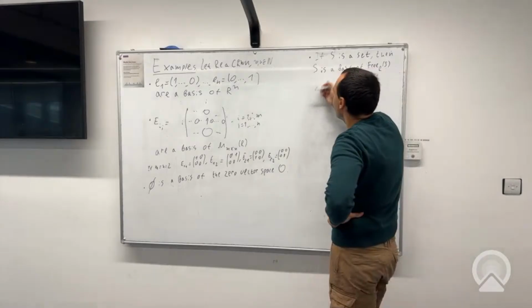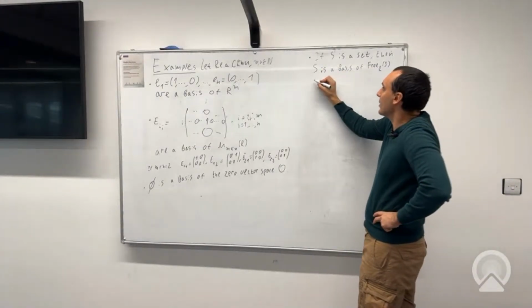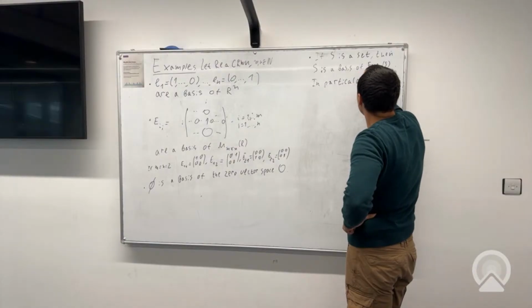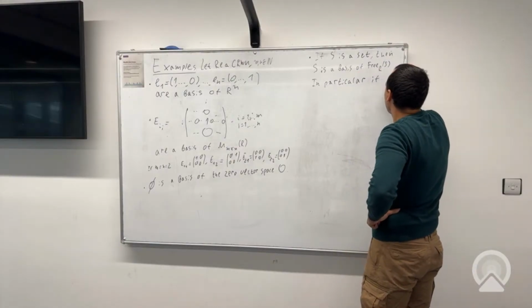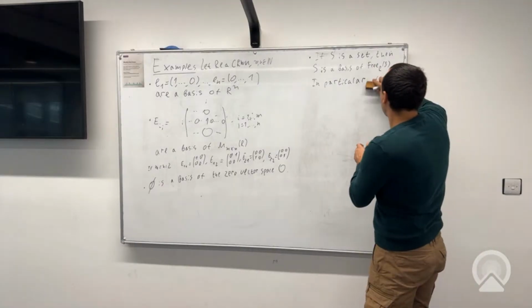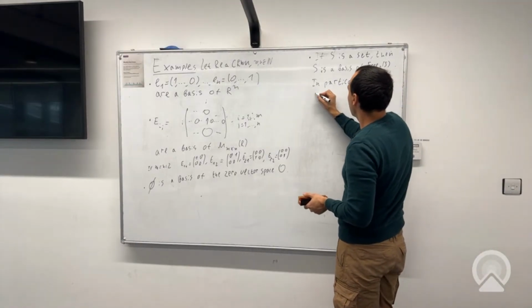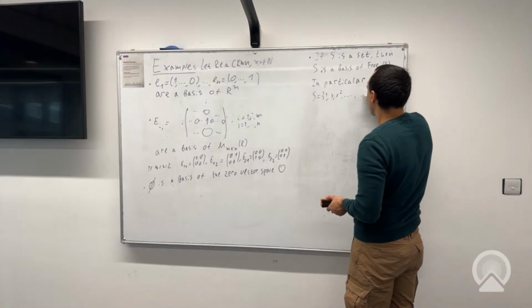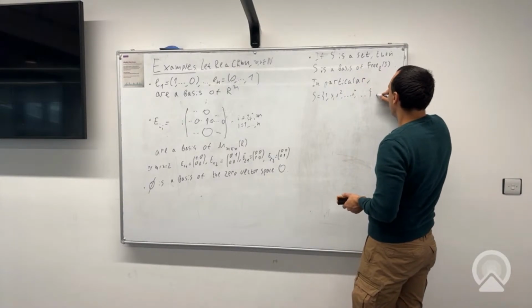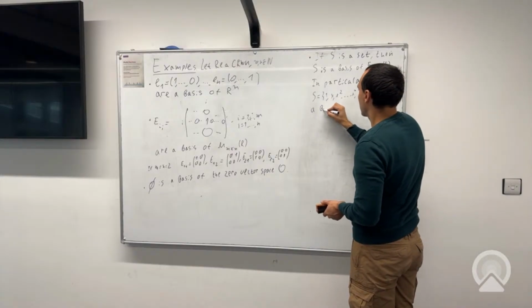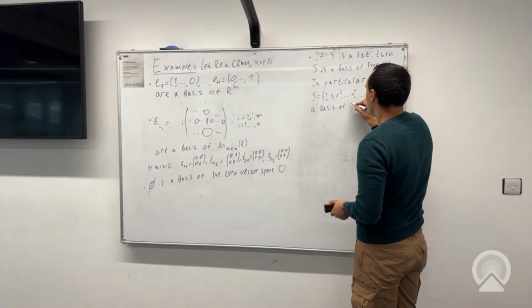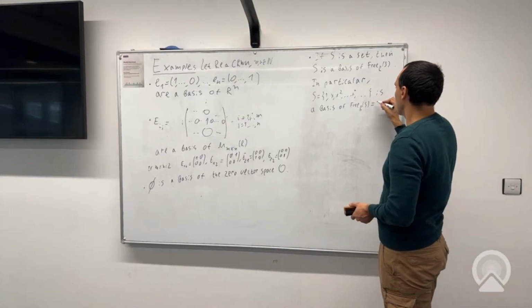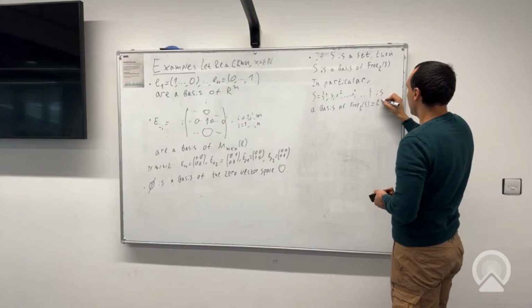Okay, polynomials are also a free vector space. In particular, the set S equal to 1, x, x squared, and so on, is a basis of the free R-module on S, which is the polynomial space, R[x].